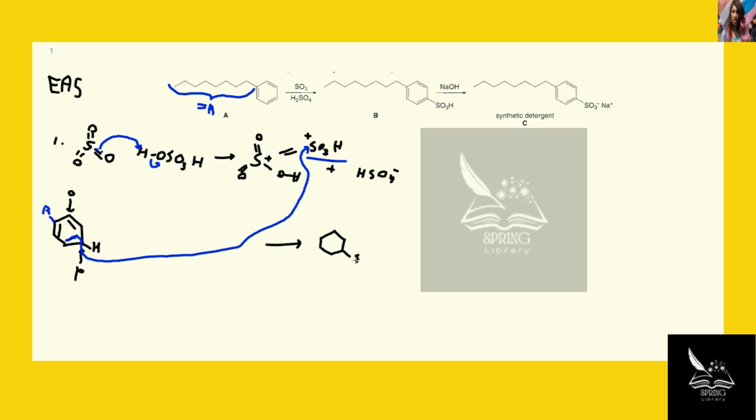So now we just get an SO3H, and we have those two pi bonds still remaining here, and the R group is still here. But now we've lost a bond at this carbon right here. Now we only have 3 bonds, so we have a carbocation intermediate.